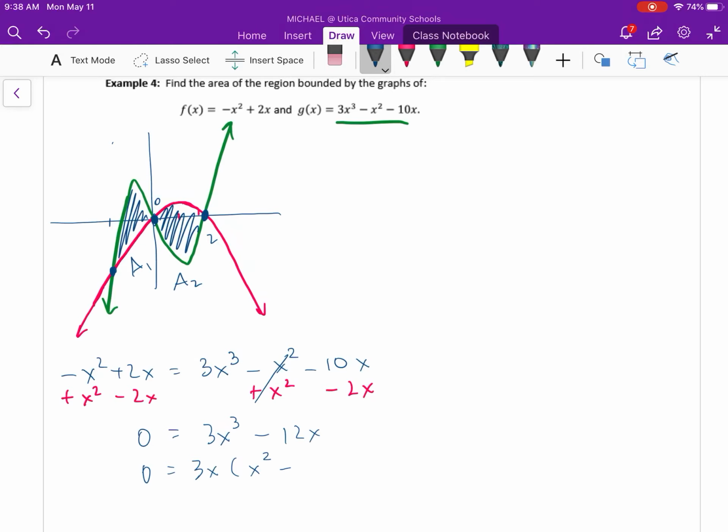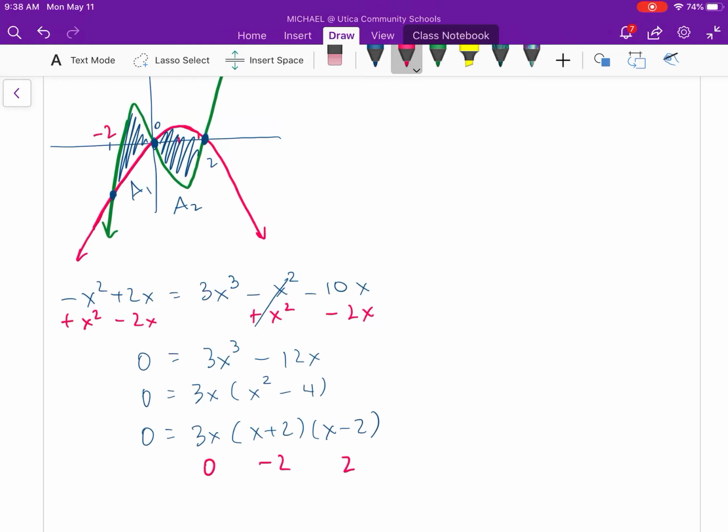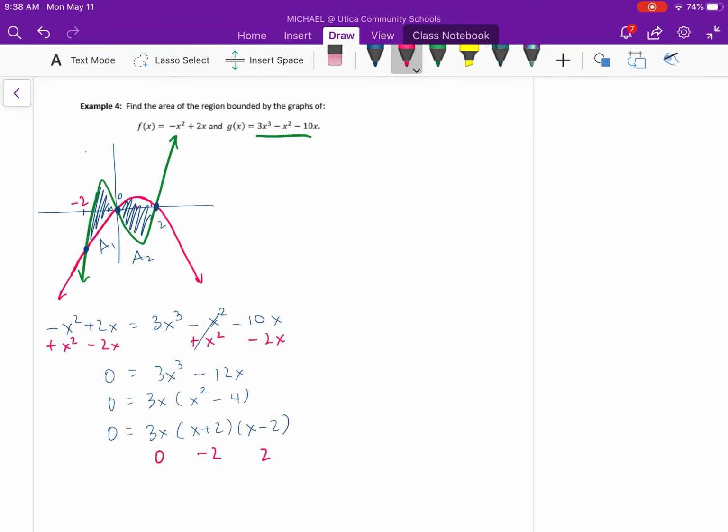I'm going to factor out a 3x, which is going to leave me with x squared minus 4, which is going to be 3x times x plus 2 times x minus 2. So you can see this gives me x at 0, a negative 2, and a positive 2. I already knew the 2 and the 0, so that guy is a negative 2.